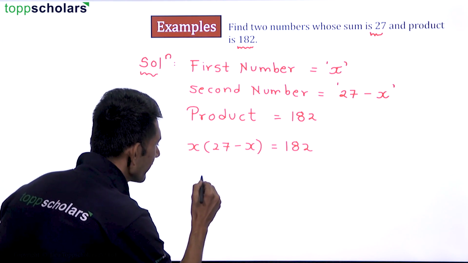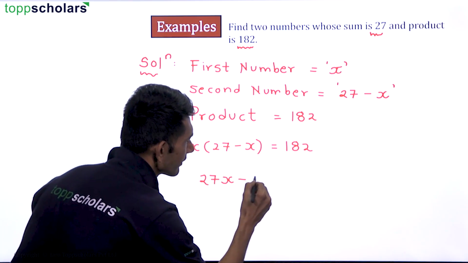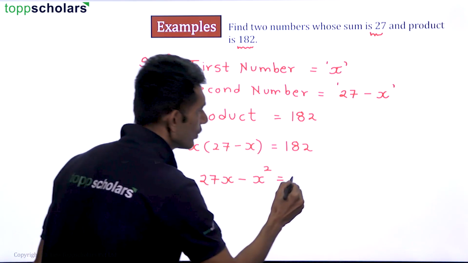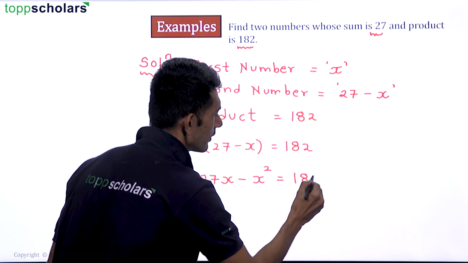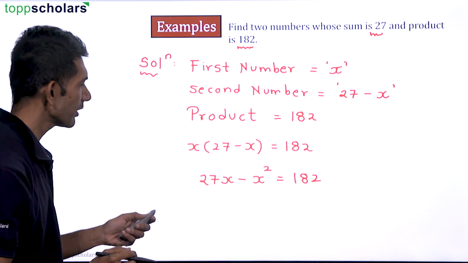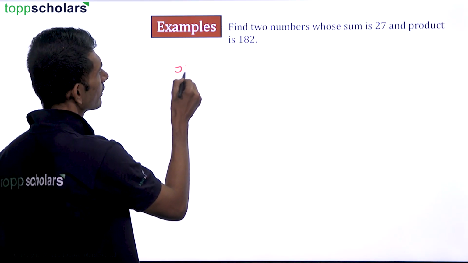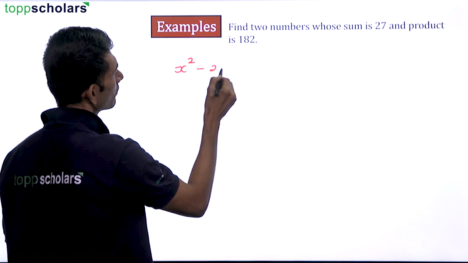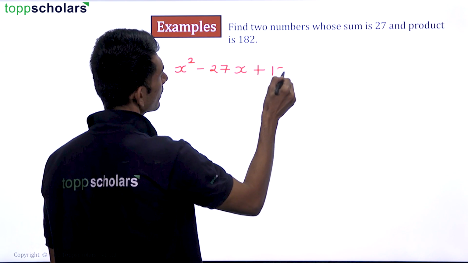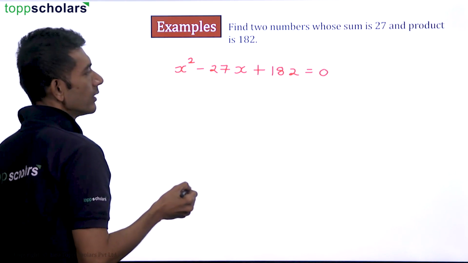So I get 27x minus x square is equal to 182. So can I say x square minus 27x plus 182 is equal to 0.